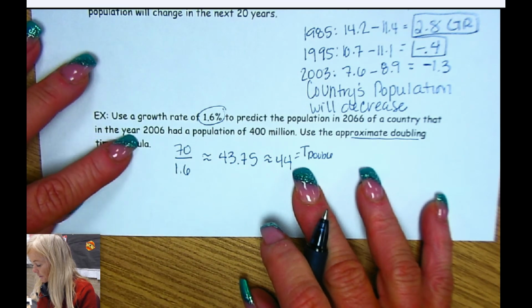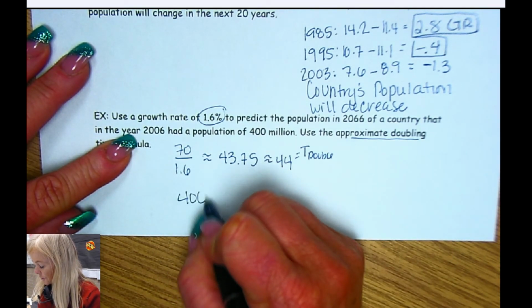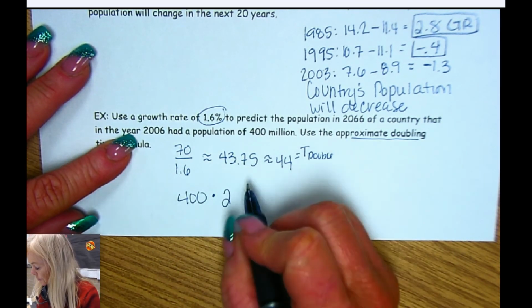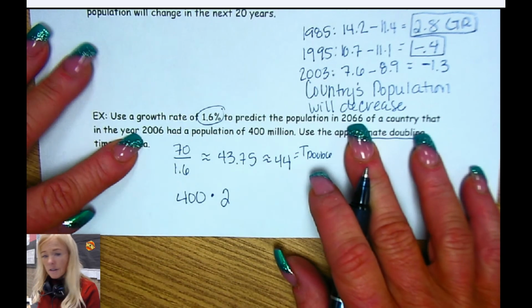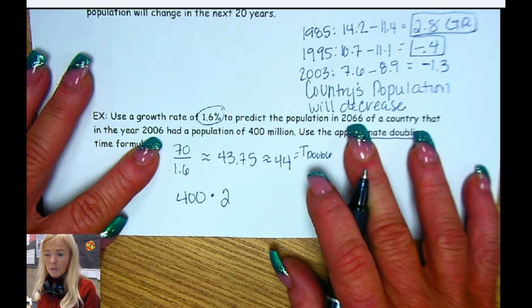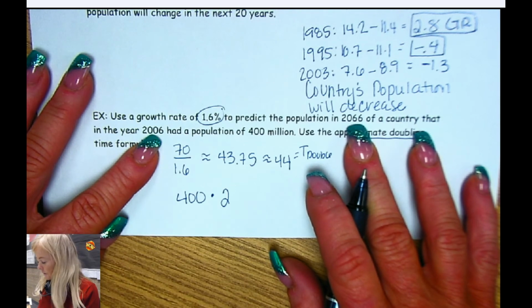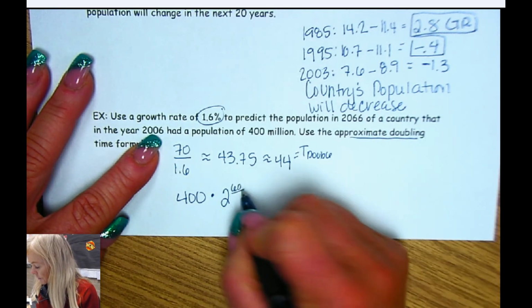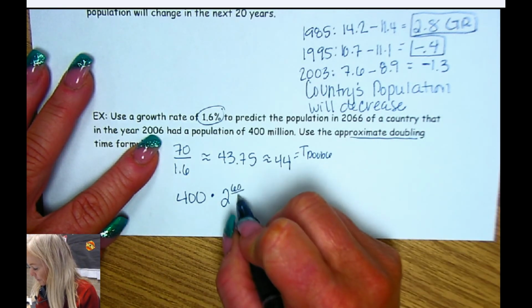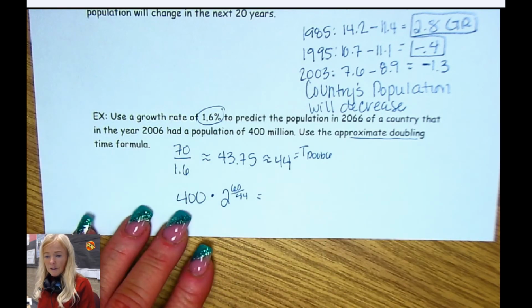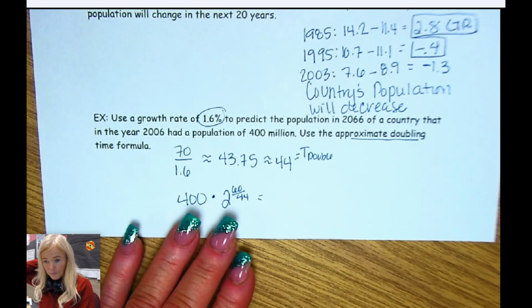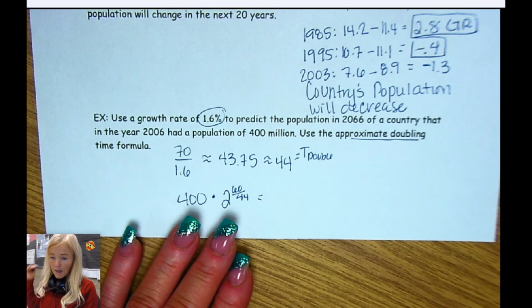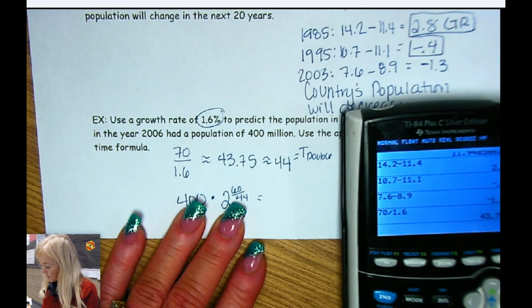And then if it has an initial population of 400, remember that we multiply that by 2 to the little t, and little t is going to be the difference between 2066 and 2006, which is 60 over our doubling time, which we found to be 44. And that will give us an approximate population after 60 years have passed with a growth rate of 1.6%.